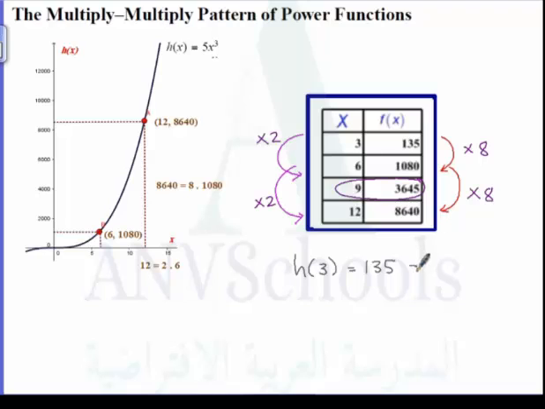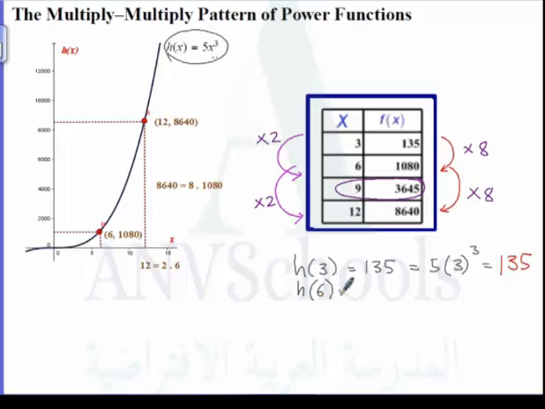And this 135 in terms of our function is just equal to 5 times 3 raised to 3, because we have a power function. So this is 135.